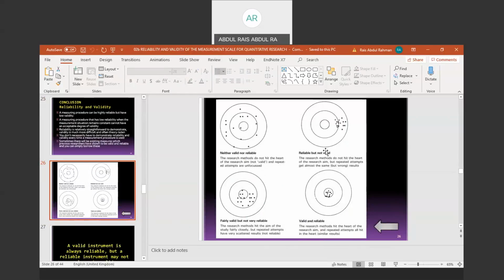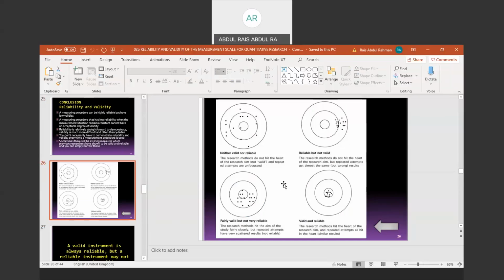Second one, it's reliable but not valid. Dia konsisten tetapi tak jitu. It is consistent because terkumpul satu tempat, but it is not accurate because it doesn't hit the bullseye. So the research method does not hit the heart of the research aim, but repeated attempts get mostly the same, though wrong, results.